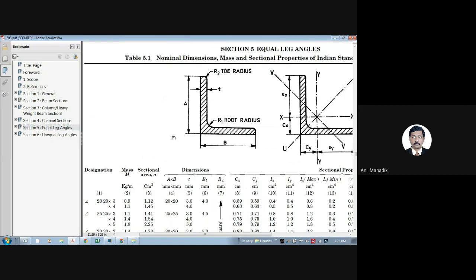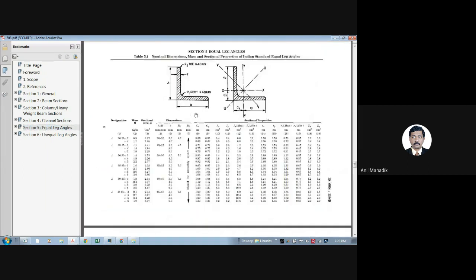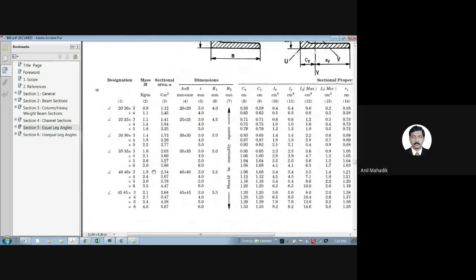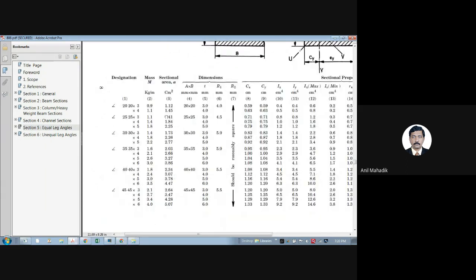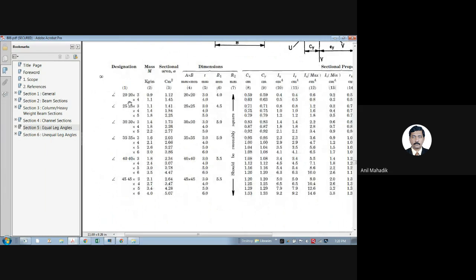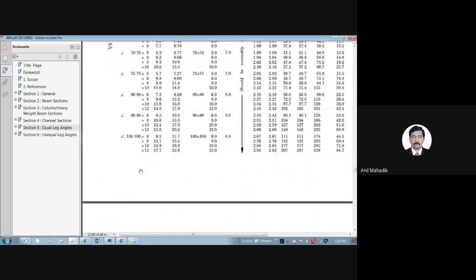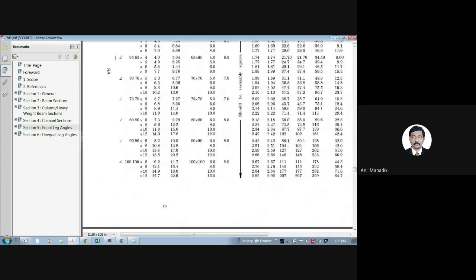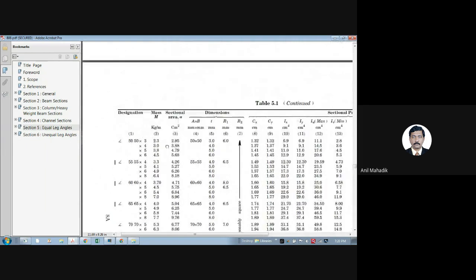So let's say we have one angle here like this, and you can choose any of the angles, because in the beginning you don't know. There are a lot of angles given in this table: 20 by 3, 20 by 4, 25, 35, 45, and a lot of angles till 200. But how will you choose where to start?